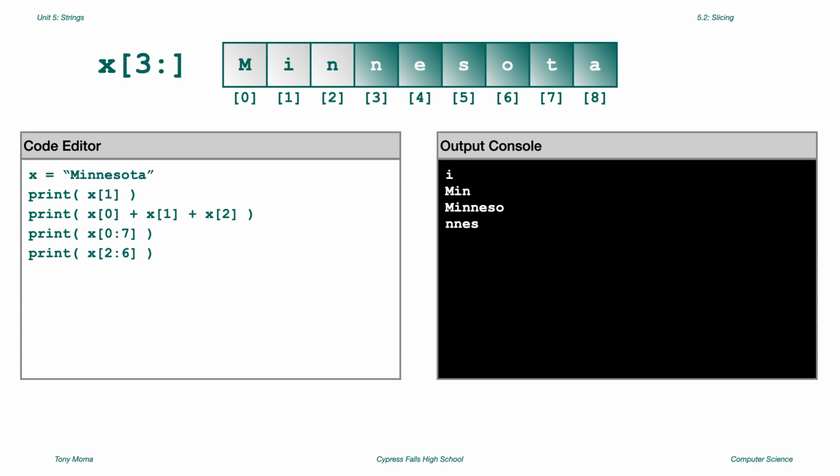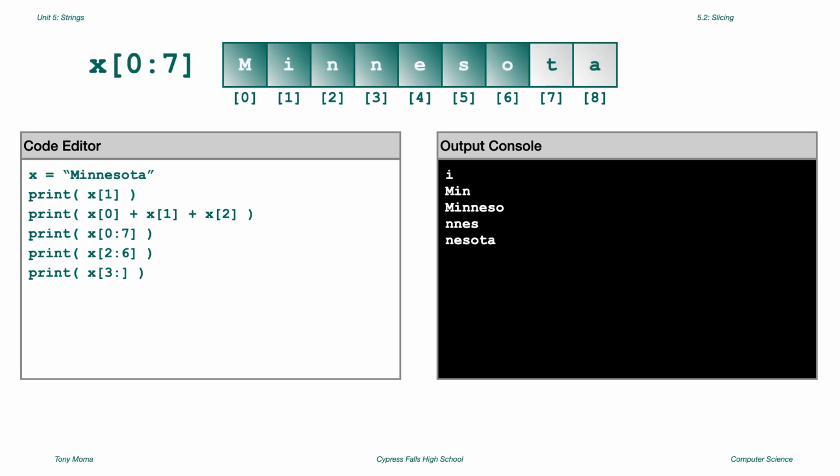Thus, when we type this out, print x[3:], the interpreter will interpret that to mean start at 3 and go all the way to the end, giving us this as our output, n-e-s-o-t-a. Now, it must be noted, typing 3: is not the same as simply typing 3. When I simply type 3, I'm telling the interpreter that I simply want the character at index 3. That's not what I want. I want to go from index 3 all the way to the end, so I need the colon.